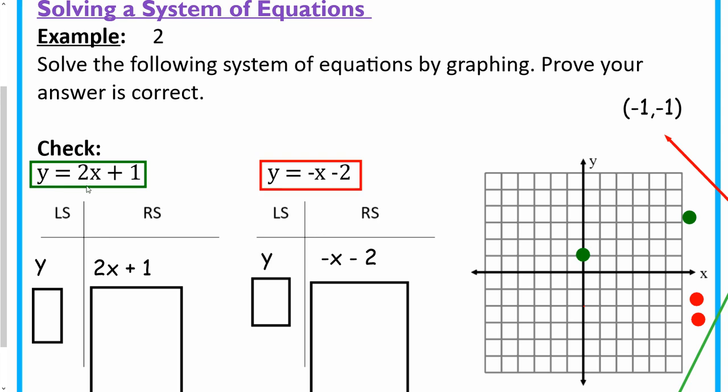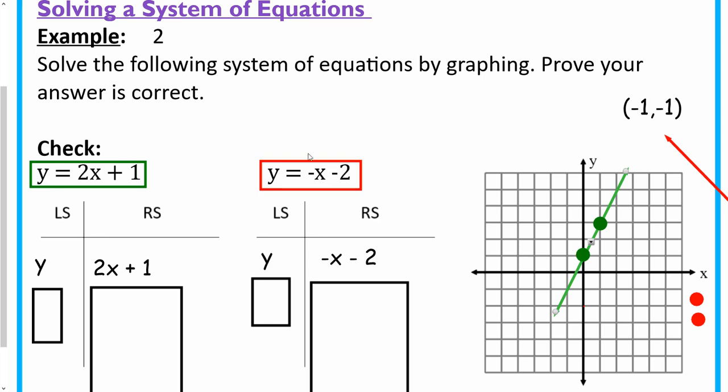Our slope is 2 over 1. If there's nothing at the bottom, we know there's a 1. So starting at your y-intercept, you're going to go up 2 and over to the right 1. There's your second dot. And now join them with a straight line. There we go.